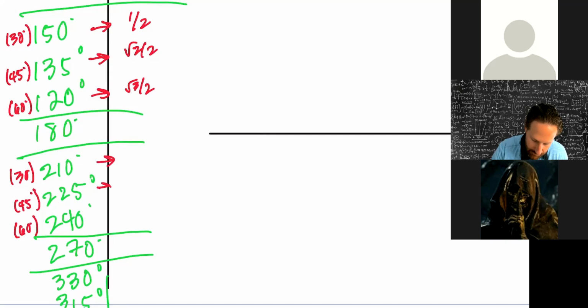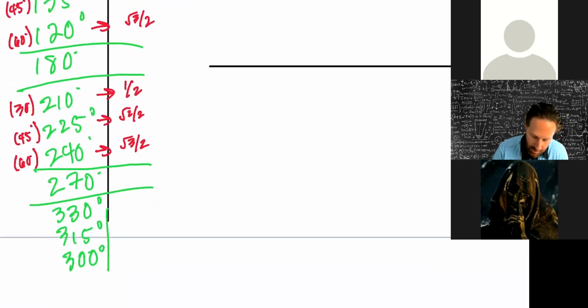So again, 1/2, root 2/2, root 3/2. And lastly, quadrant 4, my 30, my 45, and my 60. Again, reference angles.